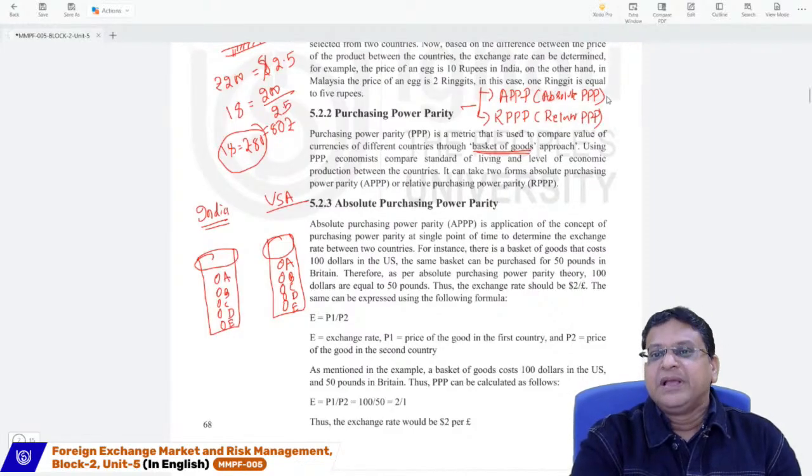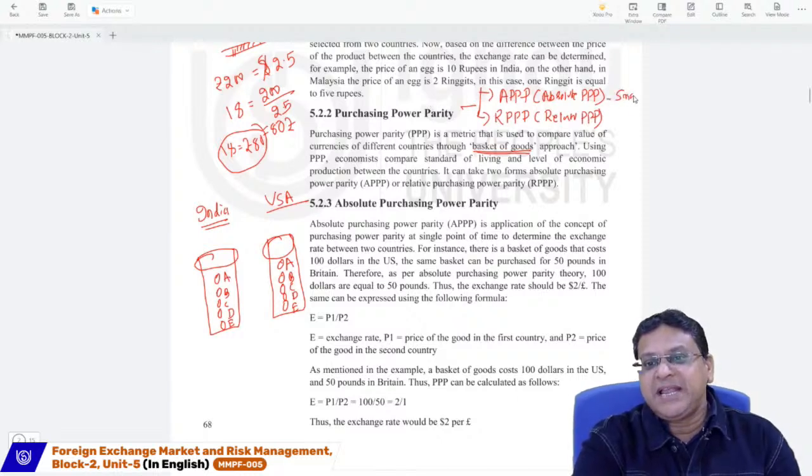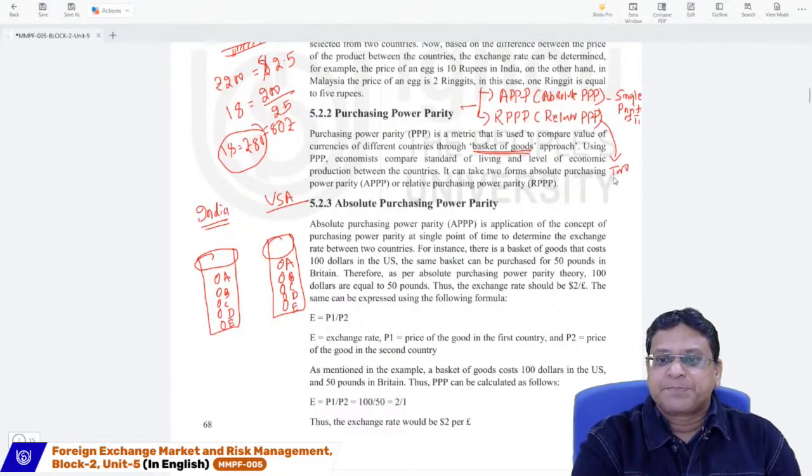Absolute PPP theory explains the relationship between price and exchange rate over a single point of time. Whereas the relative version explains the relationship over two points of time, that is, on a change basis, on percentage change.